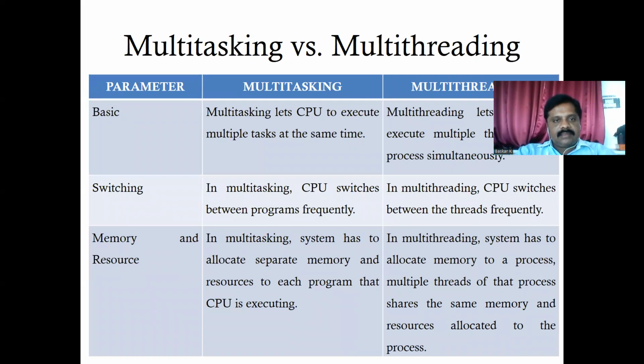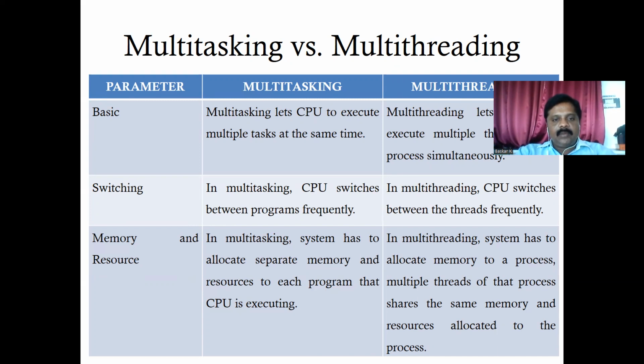Next, the comparison between multitasking and multi-threading. Here we have some parameters to make the comparison: basic, switching, and memory and resource. In basic, multitasking makes a CPU execute multiple tasks at the same time, while multi-threading lets it execute multiple threads of a process simultaneously.